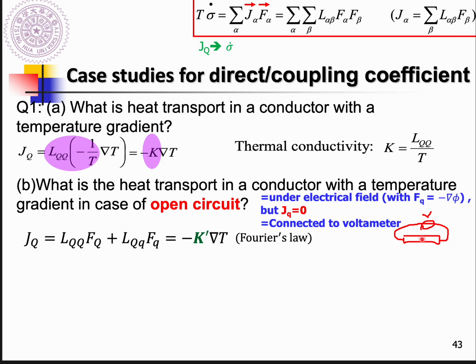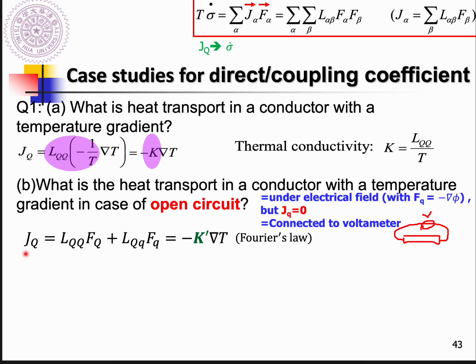If this material is a thermoelectric material, which means when you apply a temperature gradient on this material, it will generate an electrical potential gradient. In this case, there's an electrical potential gradient applied on these materials. That can be possible because you already use the electrical wire to make it an electrical circuit. So this is possible.